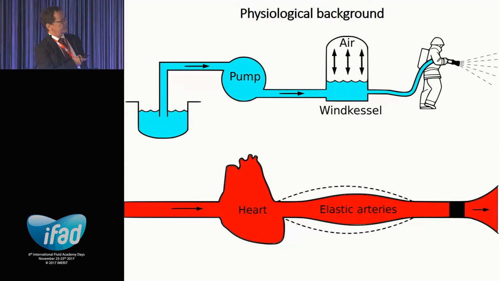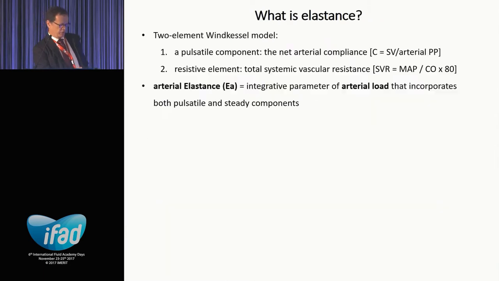For example, this is a fireworker, and the pump is delivering a pulsatile flow, and this Windkessel, as it is called, is making sure that the flow through this hose is continuous. So the elastance turns the pulsatile flow as created by the heart to a continuous flow, as we also see in the microcirculation.